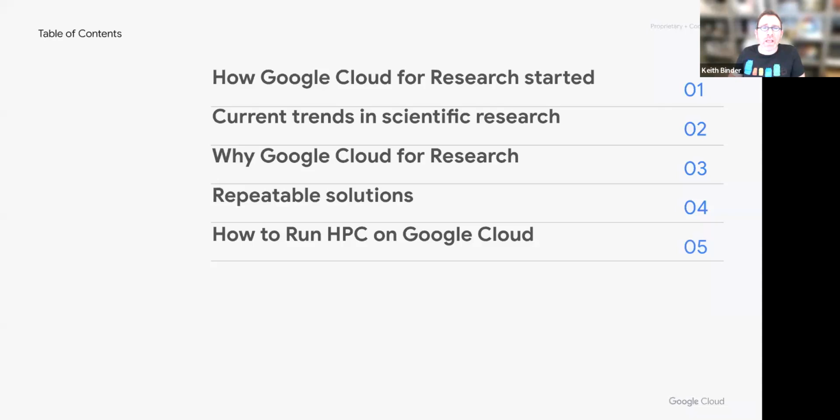And then we'll talk about how you can combine Google Cloud with your research objectives to achieve time to answer faster than you may be able to do with your current environment, and how you can achieve that using some of the repeatable solutions that we've seen other customers pursue. And lastly, we'll get into the nuts and bolts and talk about some of the tech that underlie some of those solutions. Next slide.